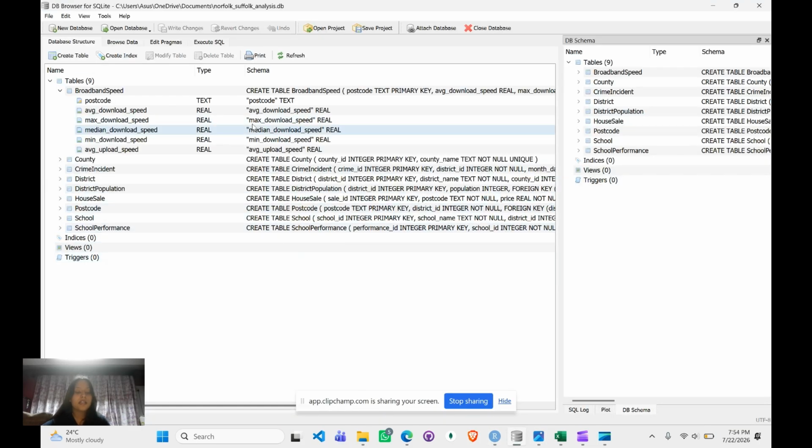So the database consists of tables for counties, district, postcode, house sales, broadband speed, crime incident, school, and school performance.